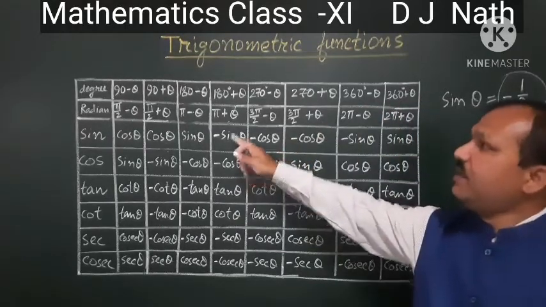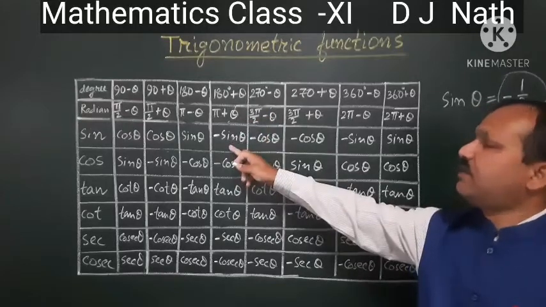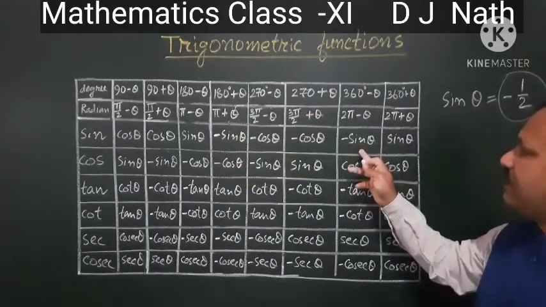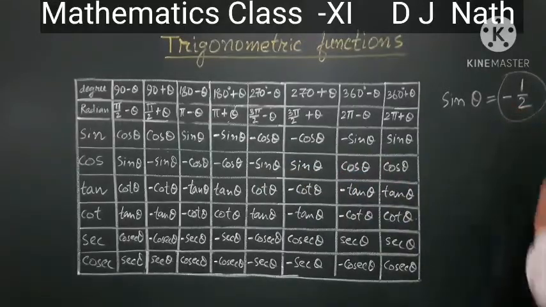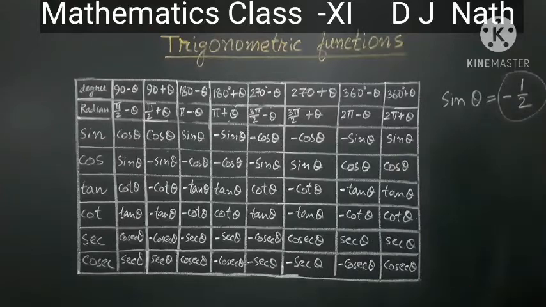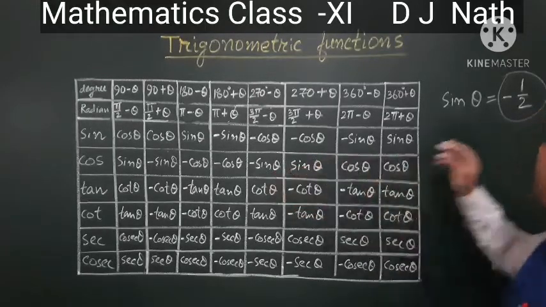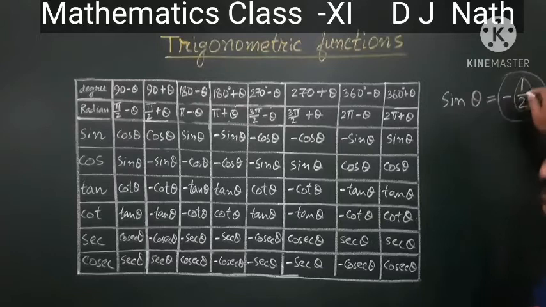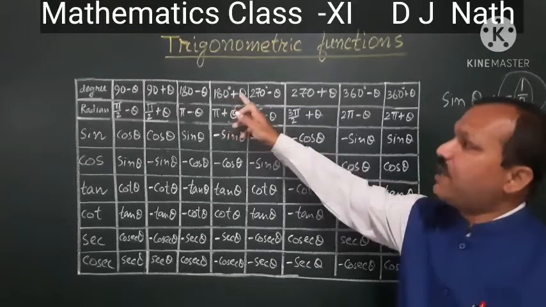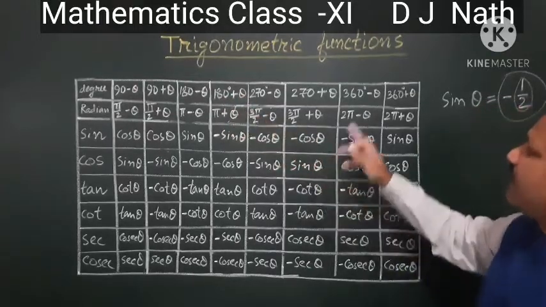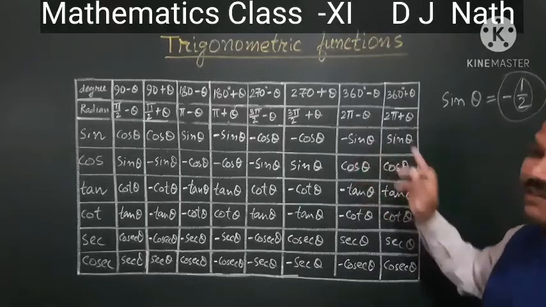It is 180 plus theta, or it may be 360 minus theta. These two have negative sign. We know 1 by 2 is sin 30 degrees, so the angle is 30 degrees. It can be written as sin of 180 plus 30 or sin of 360 minus 30.